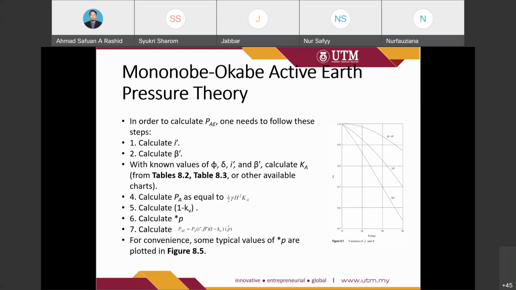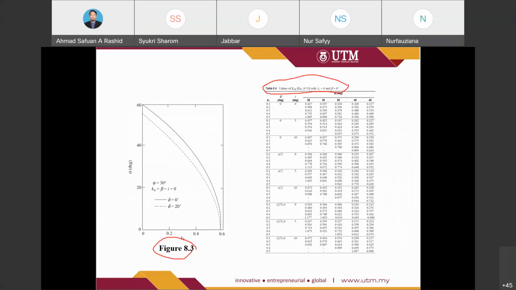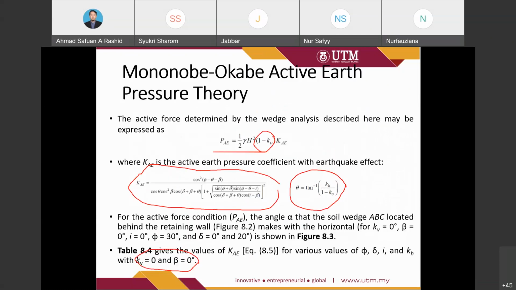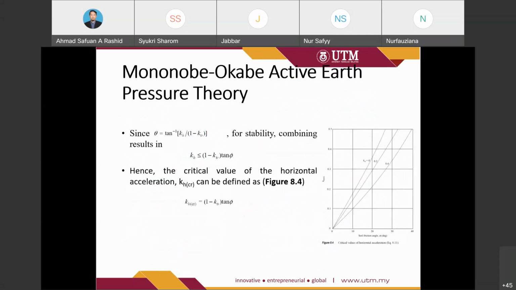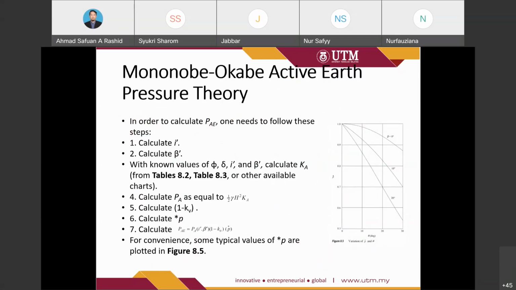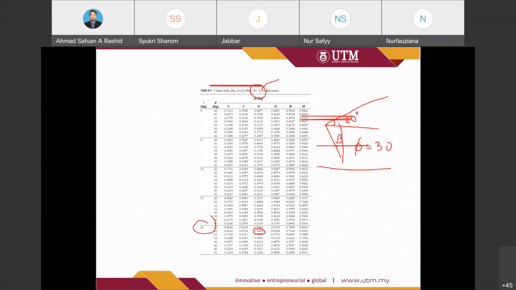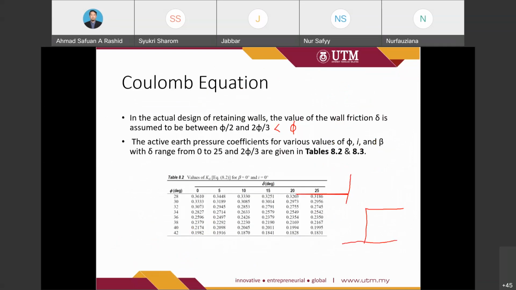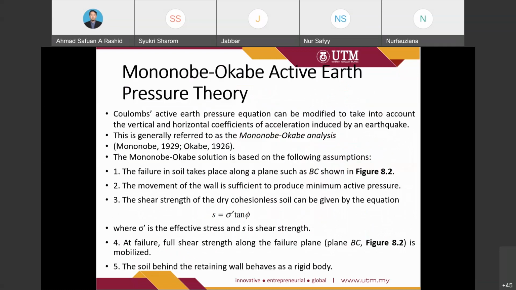So we may use either 8.2 or 8.3 to get the Ka. Ka is for the static case.